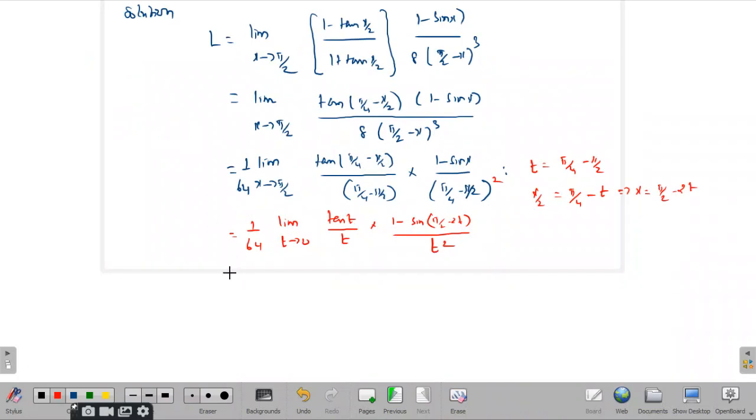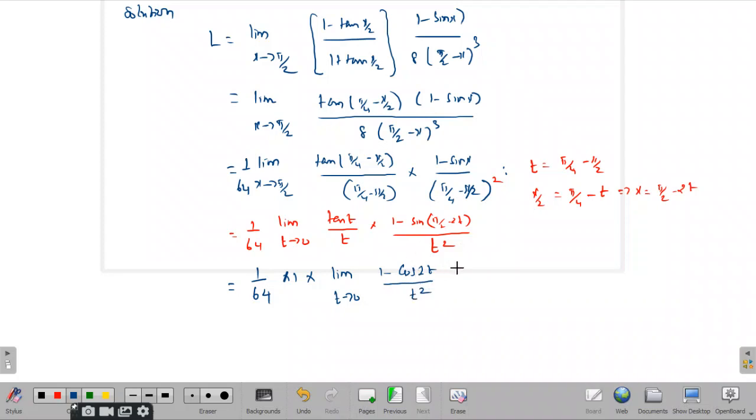If we continue, 1 by 64 limit as t approaches 0 of tan t by t, a familiar result, that is 1, into limit as t approaches 0 of sine of (90 minus theta) is cos theta, so (1 minus cos 2t) by t square.